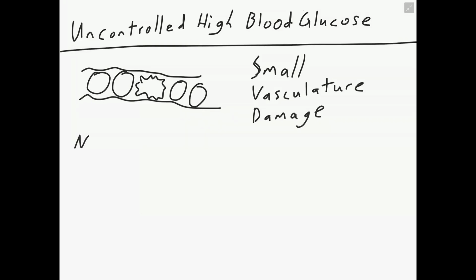So some disease states that can occur from small vasculature damage are neuropathy, which occurs in your extremities, such as your fingers, your toes, your feet, where the neurons in those areas are damaged by the high concentration of glucose and killed, which results in loss of feeling or sensation there.